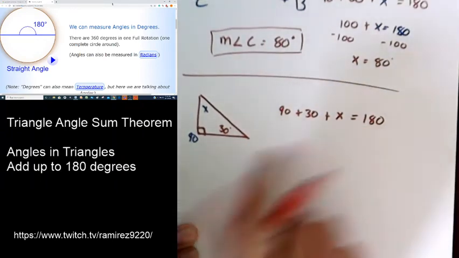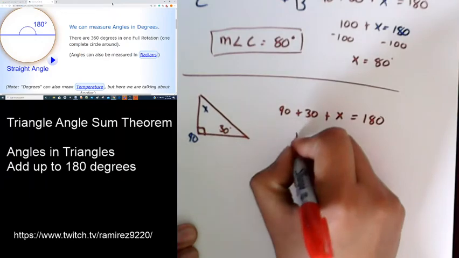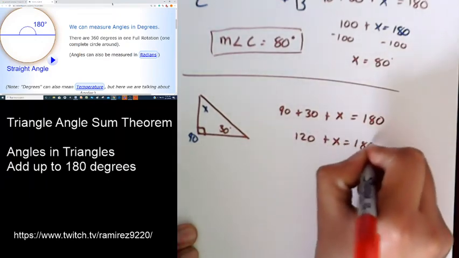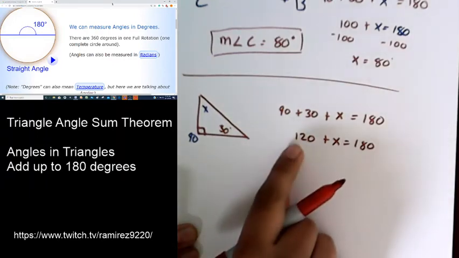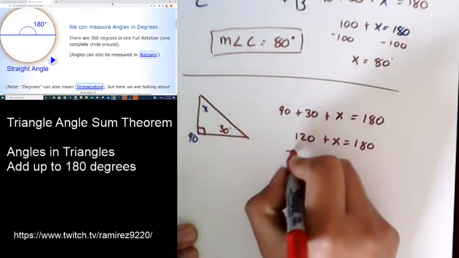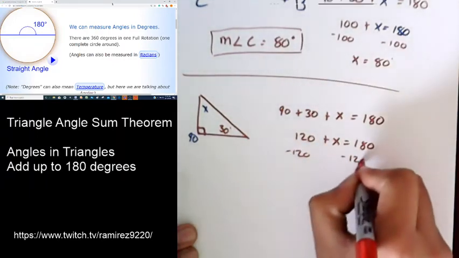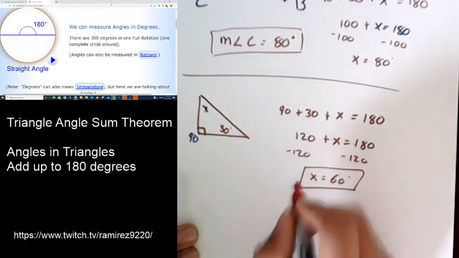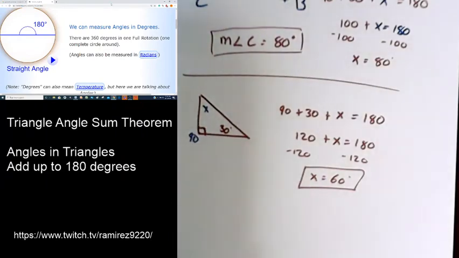Again, solve for X. 90 and 30, that's 120. Simply do the minor algebra by moving this to the other side. And so I know that X has to be 60 in order for the angles to add up to 180.